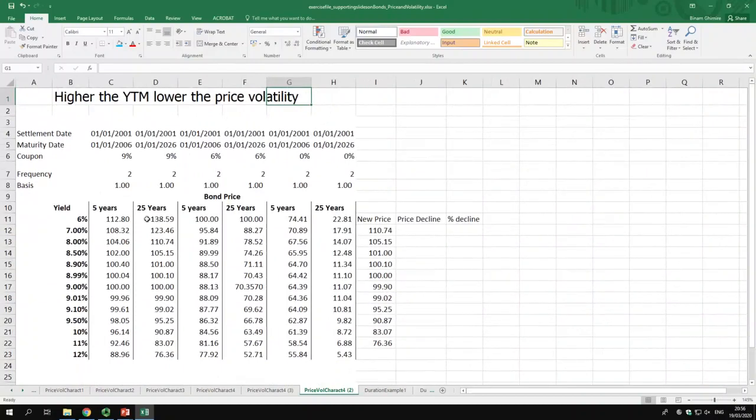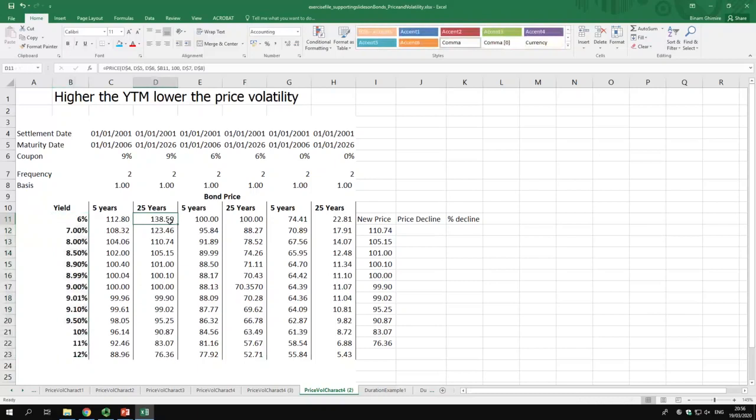Before it was this rate, which was giving 123.46. Now if the yield to maturity goes up from 7 to 8 for this bond, which is 25 years, 9% semi-annual, giving you this price at different yields.